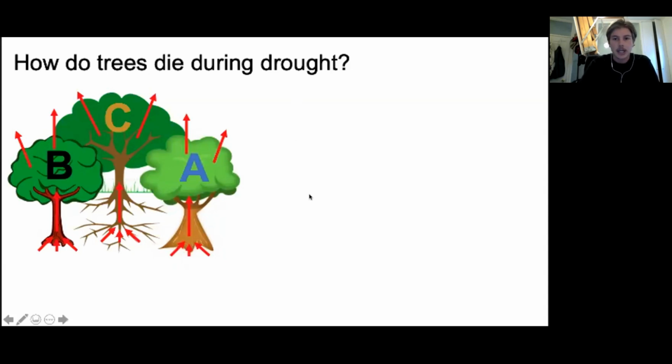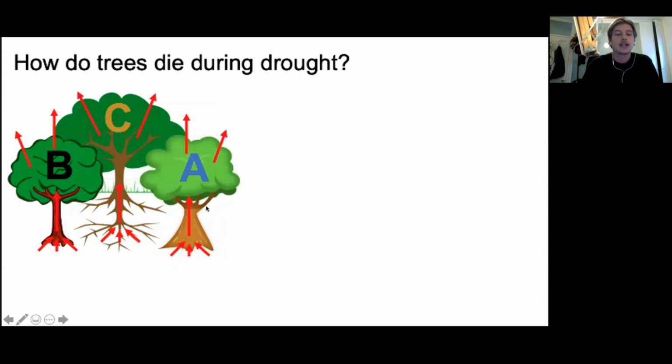In this figure here, you can see that water moves through plants from the soil to the leaves in pipes called xylem conduits. Then this water is lost from those leaves via transpiration. This creates a negative pressure gradient through the plant, which pulls the water up through the plant via tension.